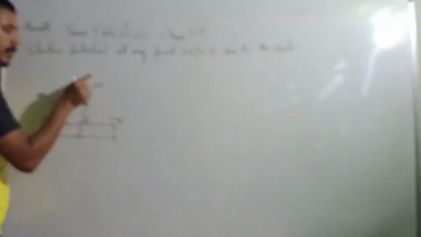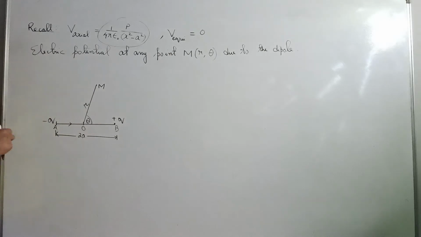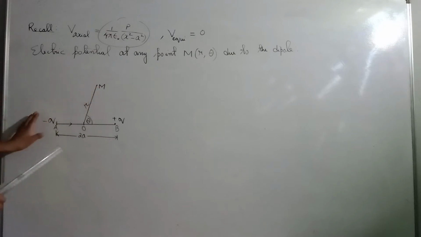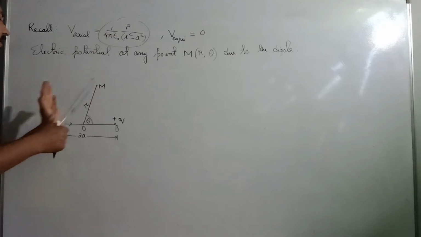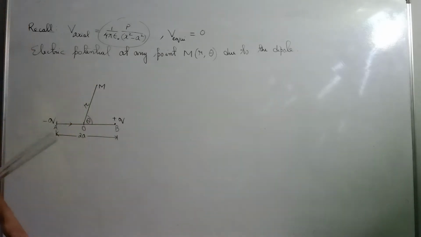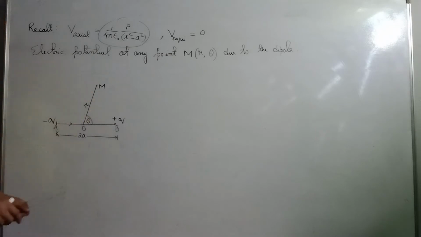In order to find out the net potential at this point M, there will be a potential at this point due to this charge, and a potential at this point due to this charge. So you can find those two potentials and then sum up, that gives the net potential at M. But finding the distances becomes a problem. So the easiest way is what I'm going to do.